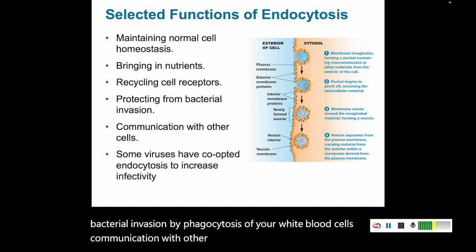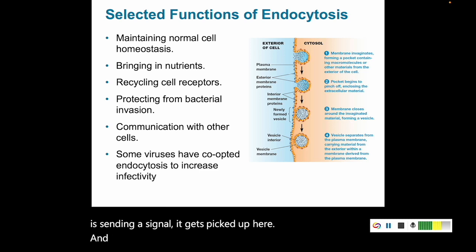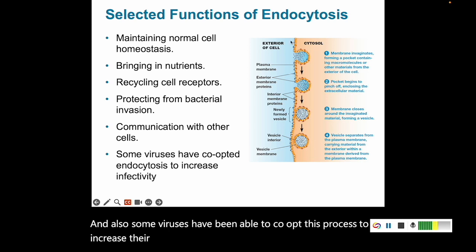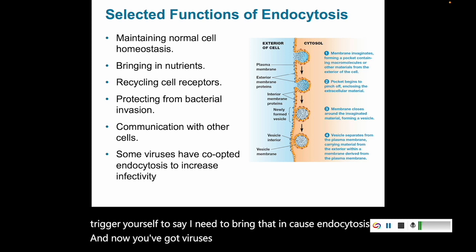It's how we pick up if another cell is sending a signal. It gets picked up here. And also, some viruses have been able to co-opt this process to increase their infectivity. So a virus can bind to a receptor here, trigger your cell to say, I need to bring that in, cause endocytosis, and now you've got viruses in your cell.